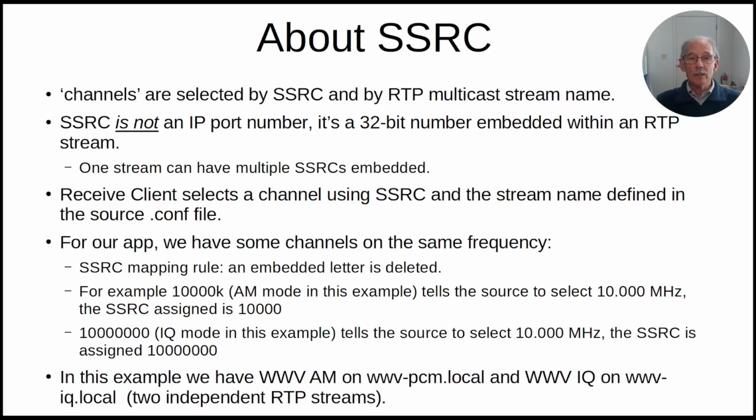So if we go to the PCM.local stream, we will use an SSRC of 10,000, and it will be an AM decoded or demodulated opus coded signal. 10 million is also a valid SSRC. In this case, it's in the IQ multicast stream. So here we have WWV AM on one stream and IQ on a different stream.